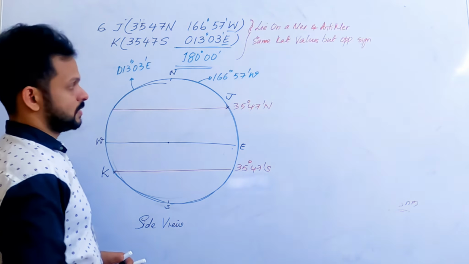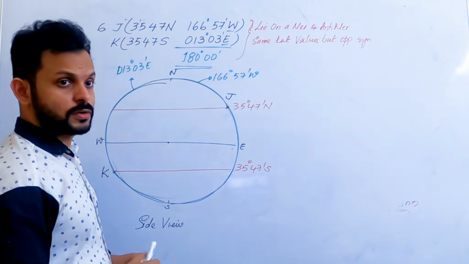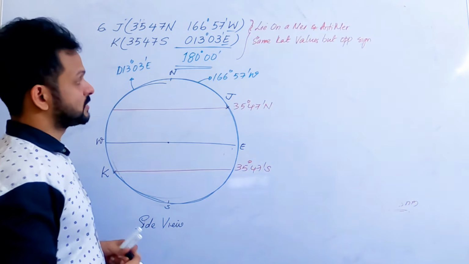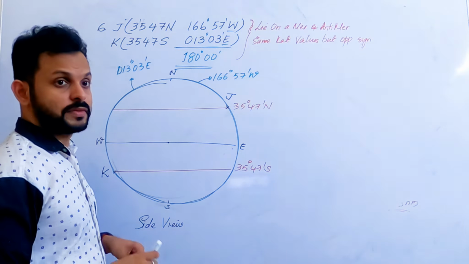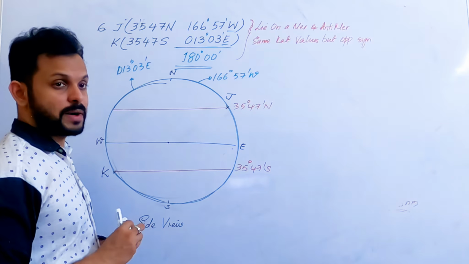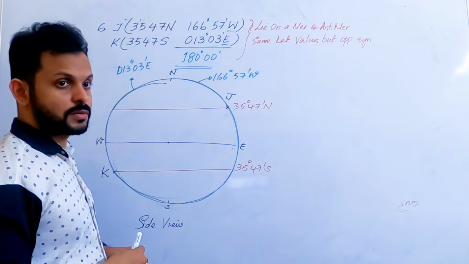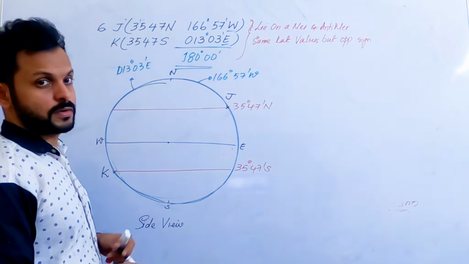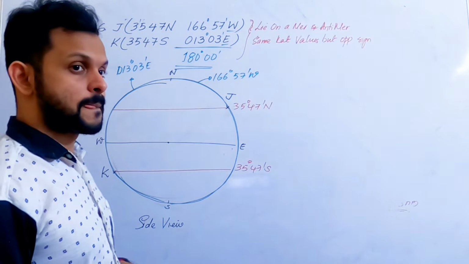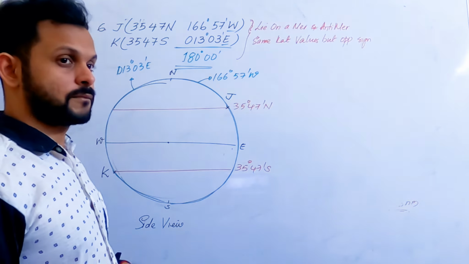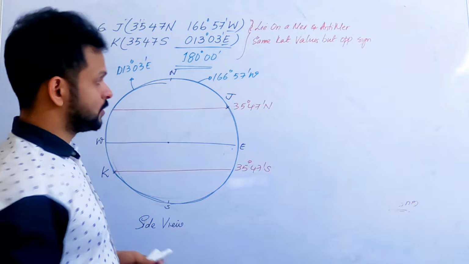Now, what can you say about these points? If the points lie on a meridian and anti-meridian, then the shortest path between them will pass through the nearer pole. Which of these is the nearer pole here? They both are the same, north or south.